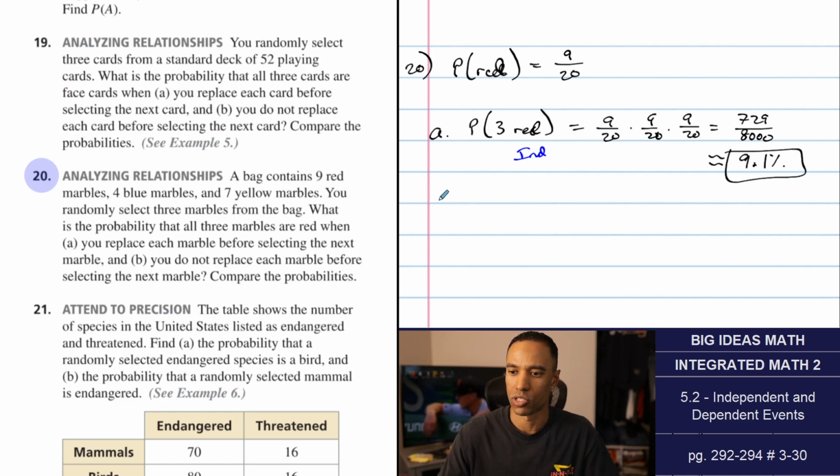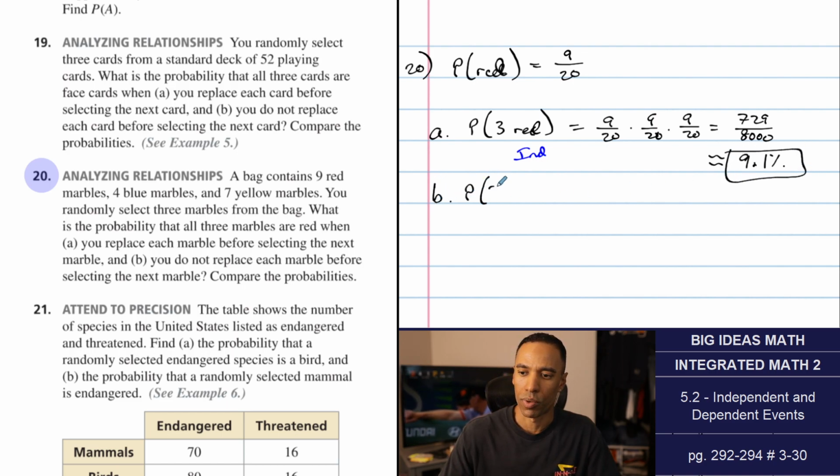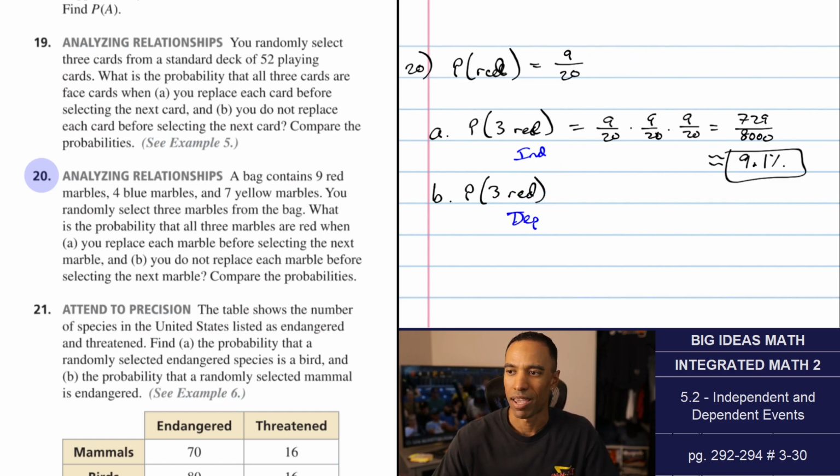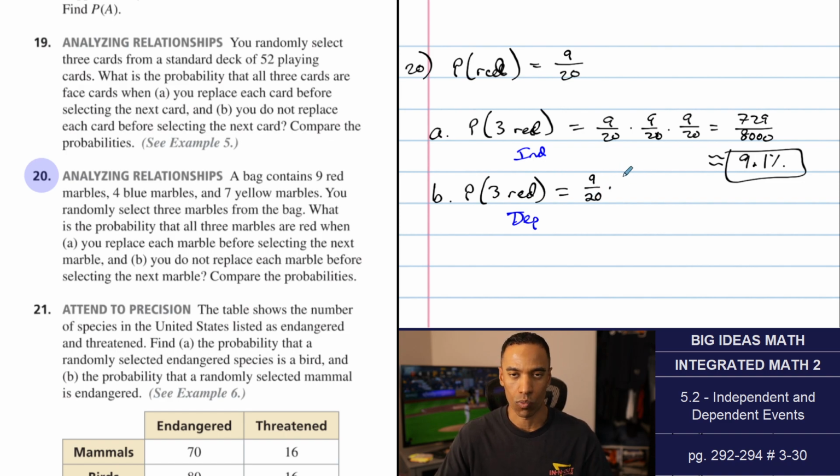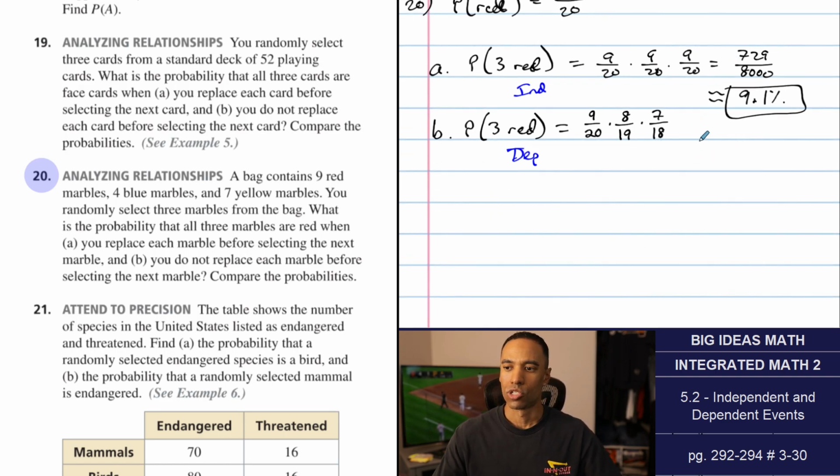So 9.1% to start. Part B, 3 red in a dependent case. My handwriting is not good tonight. I'm very sorry about that. Let me try harder. So 9/20 times, I just chose a red. Now there are 8 red and 19 marbles left, times 7 red and 18 marbles left. I want to try and reduce this if possible.